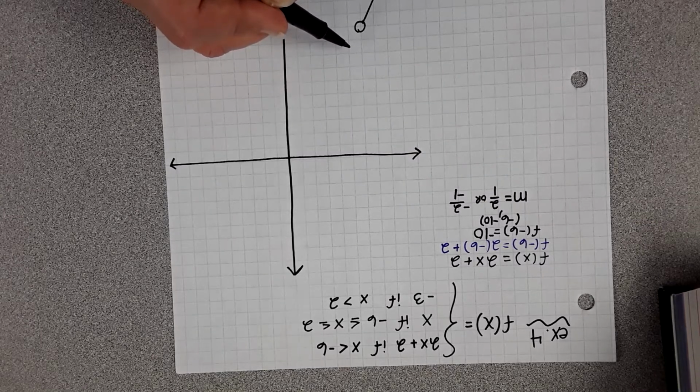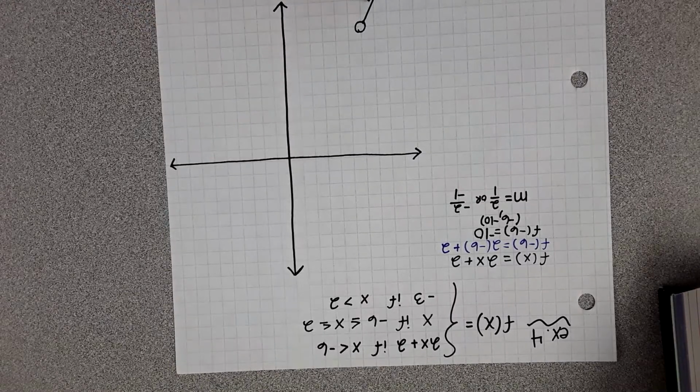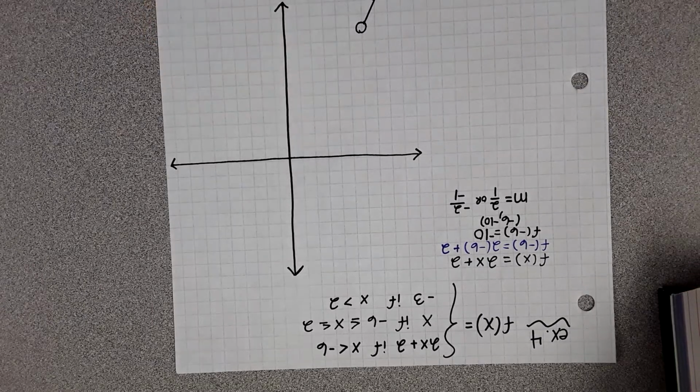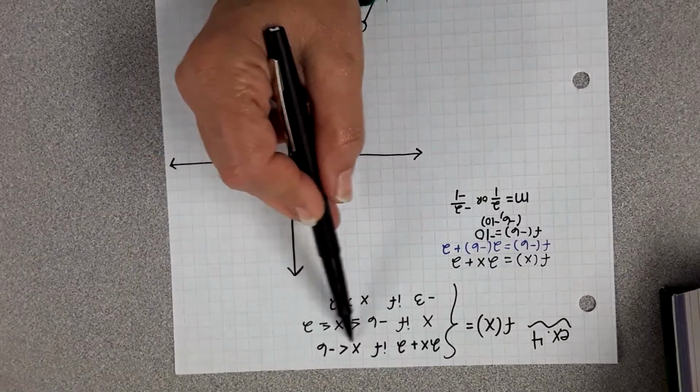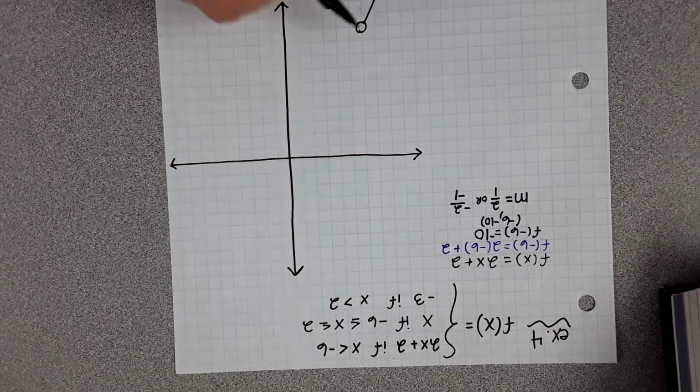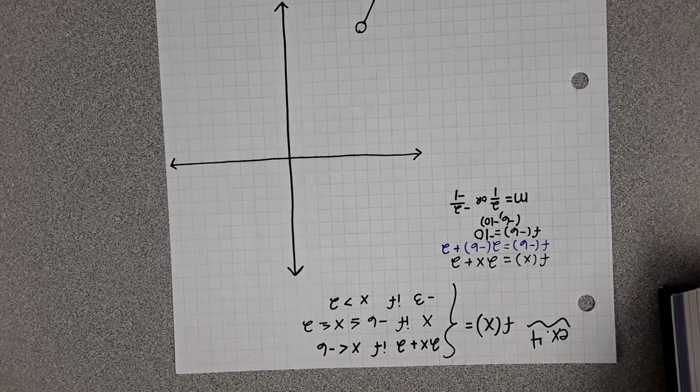If I go down, every point will have x less than -6, and that's what I want. If I went up, it's still part of that line, but that's not the part I want. I only want where the values of x are less than -6.